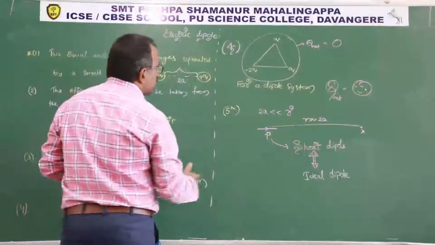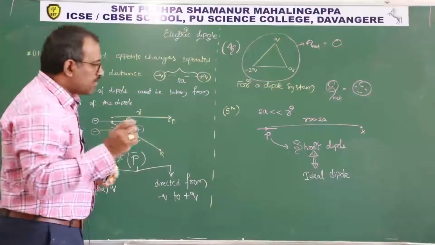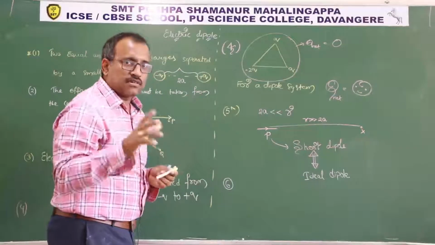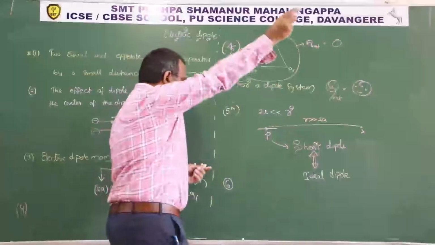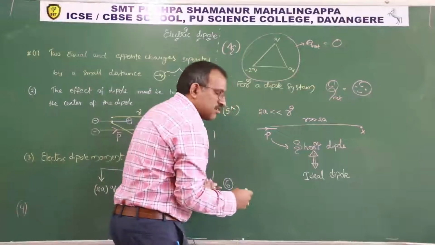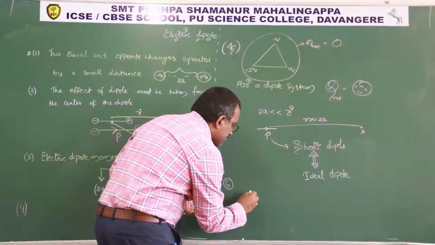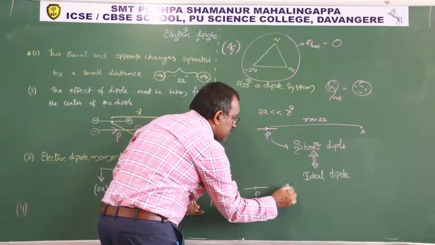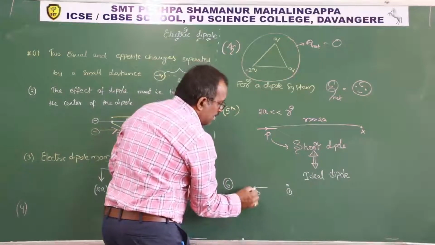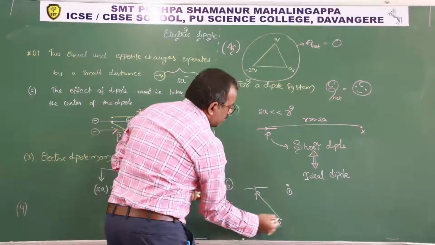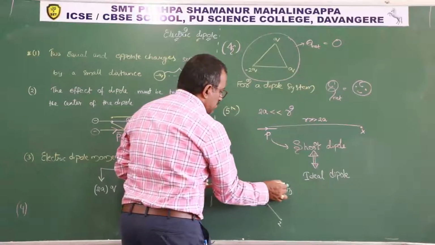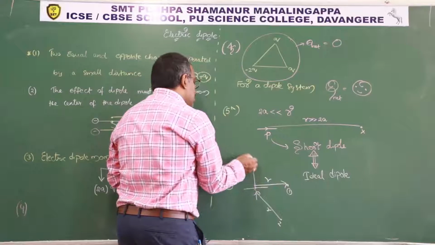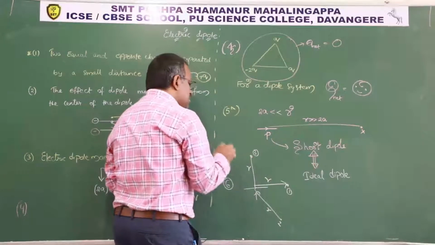Now we will proceed on to the points. One more, sixth point. Clearly, once again, whenever you talk about a point, this is the dipole moment direction, this is point 1 and this is point 2. From the center r distance, and this is point 3, which is also at r distance.